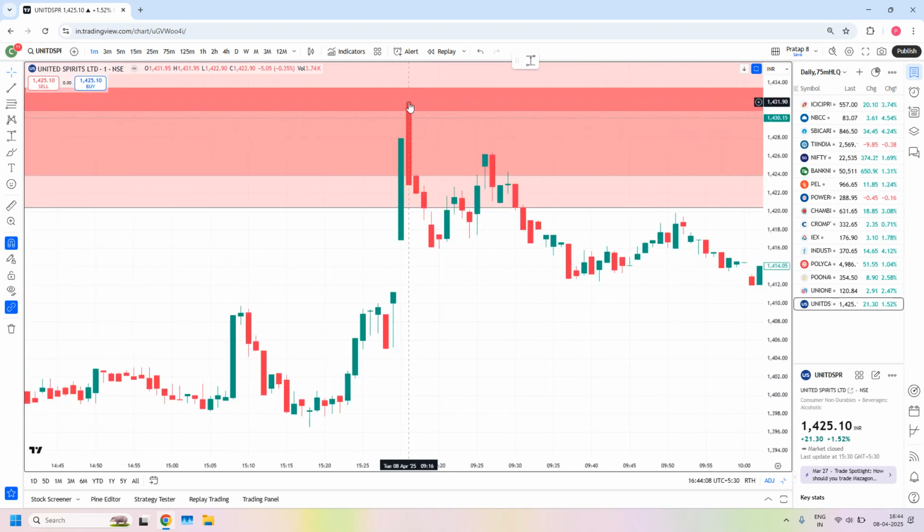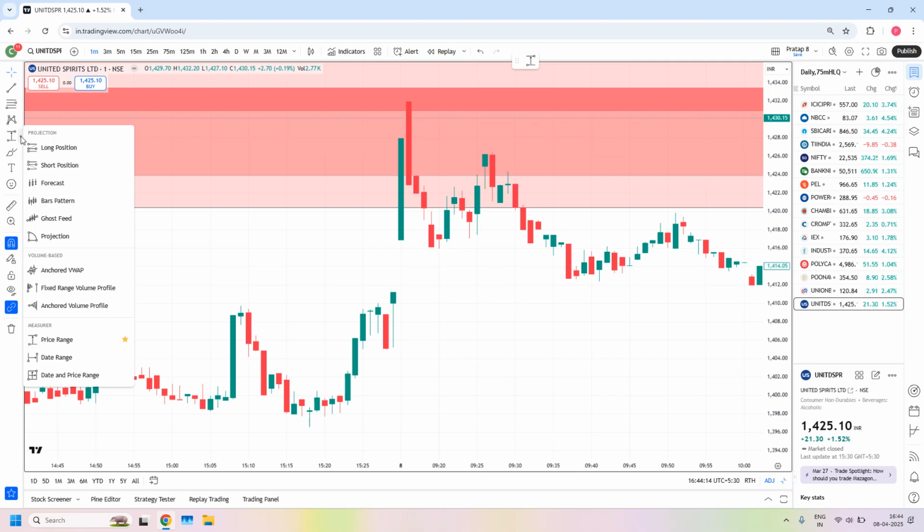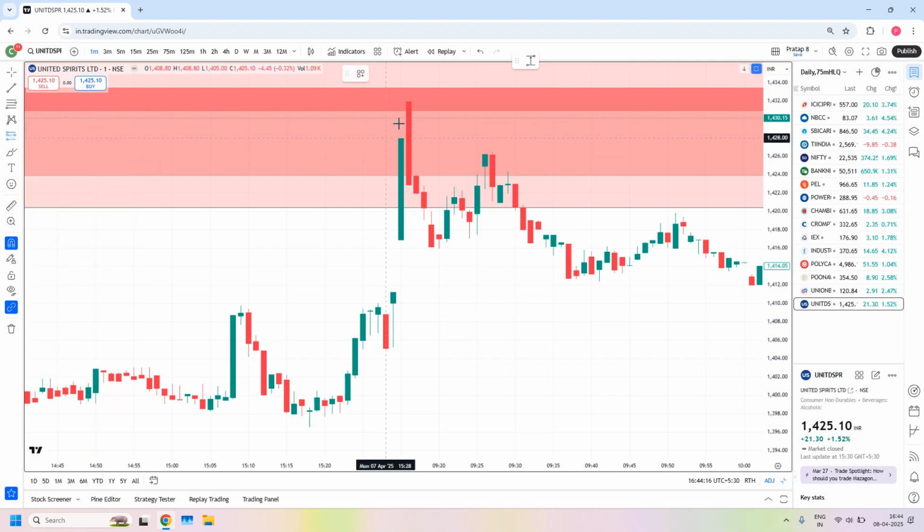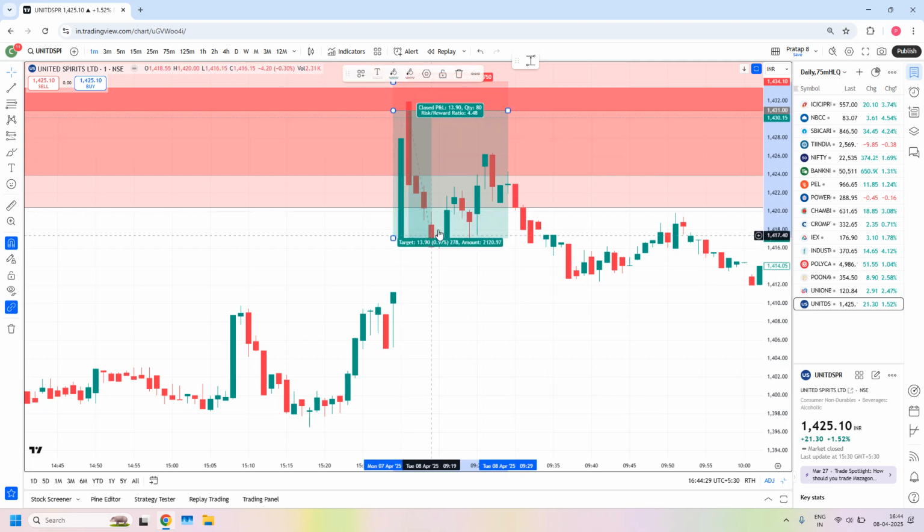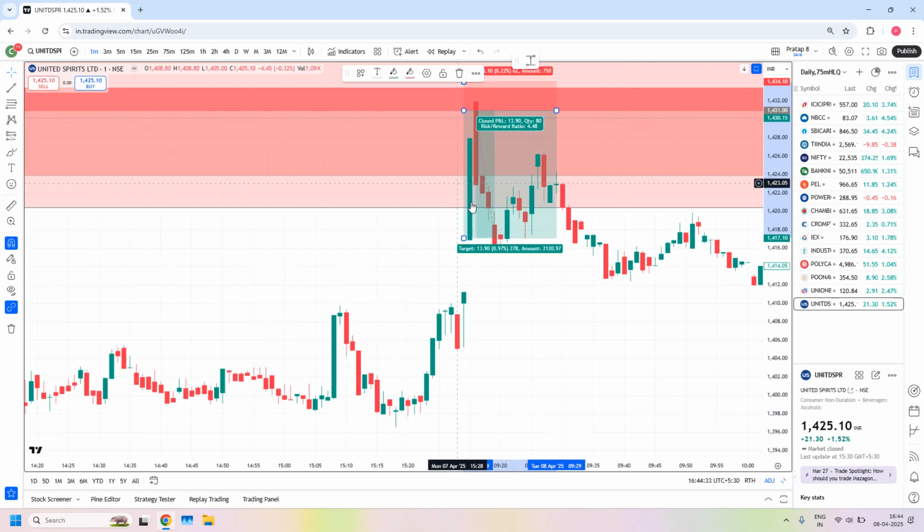See, 9:16 candle, you would have got a trade till this gap area. If you book, what could have been the RR you would have got till this gap area? Generally, when gaps are there, that is the target. Maybe this could be your entry. Maybe somewhere here could be your stop loss. You would have achieved 1:4.48 RR.